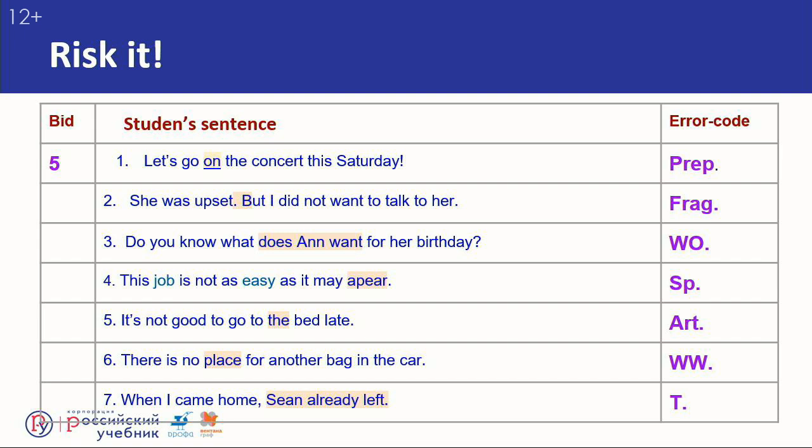The third one, do you know what does Anne want for her birthday? So obviously this is an indirect question. It is particularly important if you are preparing your learners for a state exam, right? And in the letter they are to ask 3 questions.